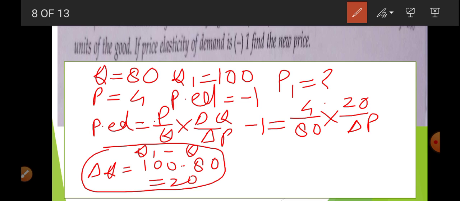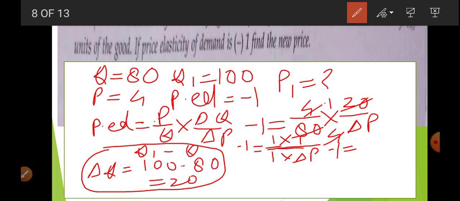Now 4 into 20, 4 times 80 is... cancelling, it will be -1 equal to 1 upon 1 multiplied by 1 multiplied by del P. So this much we get. So it becomes -1 equal to 1 upon del P.